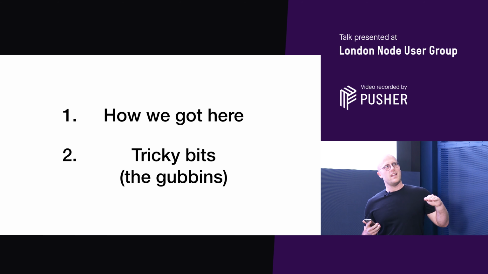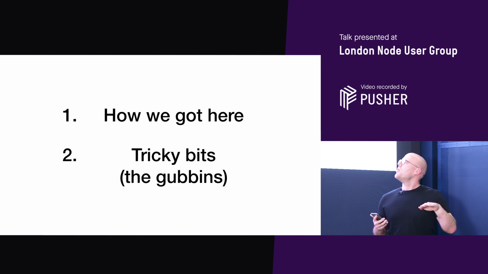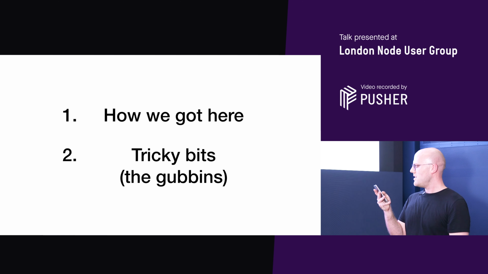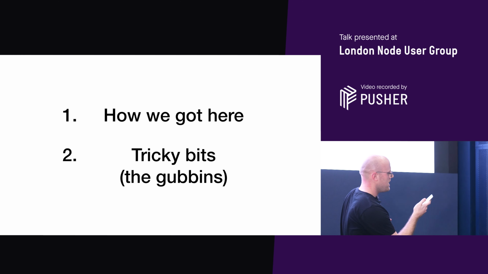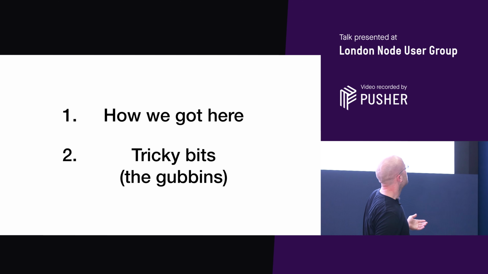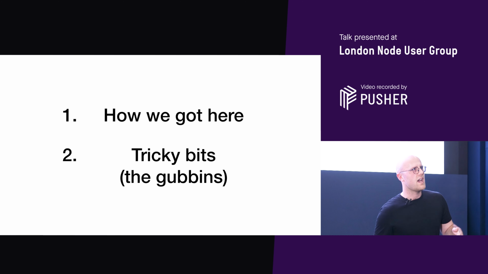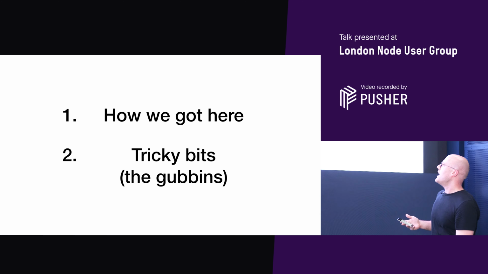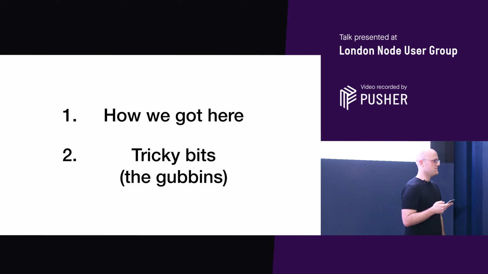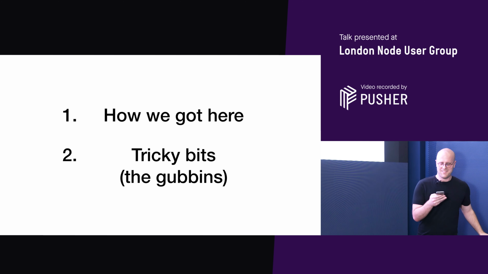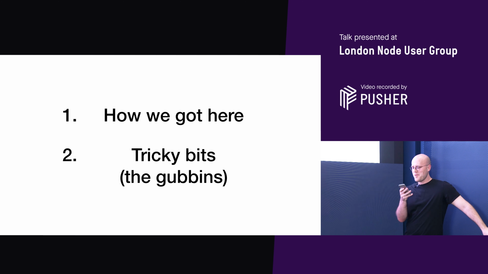I try to keep the gubbin levels low. Hopefully we don't get too caught up in it. The whole basis of this talk is you should come out with a better idea of what's going on with Node and ESModules. Cool. So first things first.